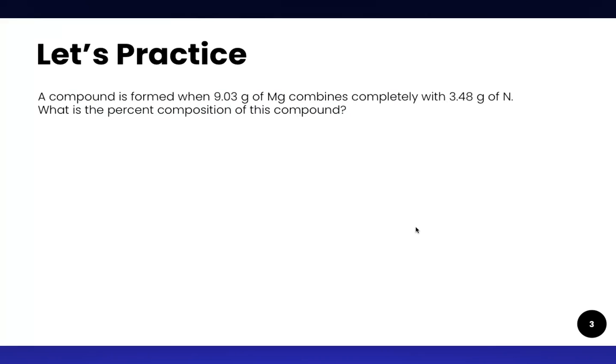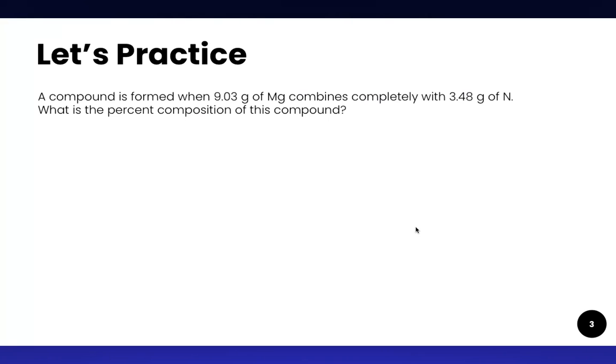Okay, so let's practice. A compound is formed when 9.03 grams of magnesium combines completely with 3.48 grams of nitrogen. What is the percent composition of this compound? So we're going to have to do one calculation for magnesium and one calculation for nitrogen.